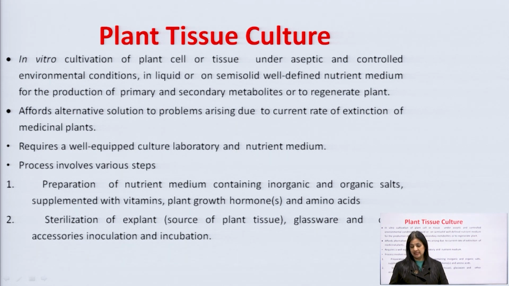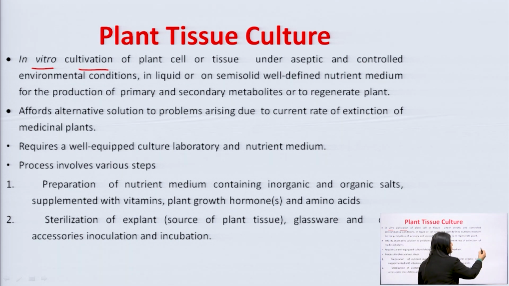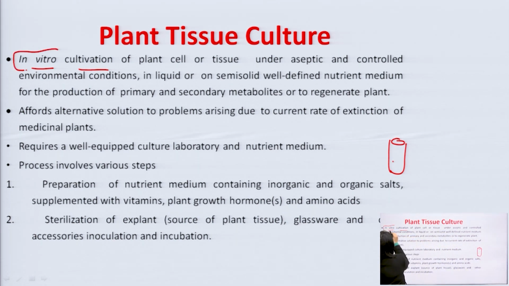Plant tissue culture is a technique which is an in vitro cultivation of the plant cell or tissue under aseptic and controlled environmental conditions in liquid or semi-solid well-defined nutrient medium for the production of primary and secondary metabolites to regenerate the plant. What we do here is take a plant cell or a tissue and grow it outside the body of the plant. That is the term called in vitro.